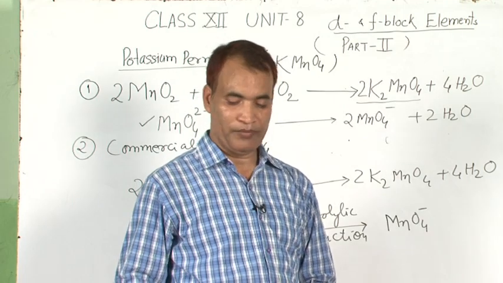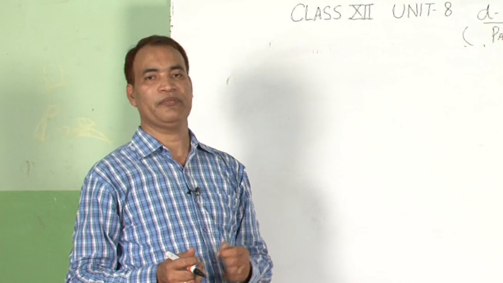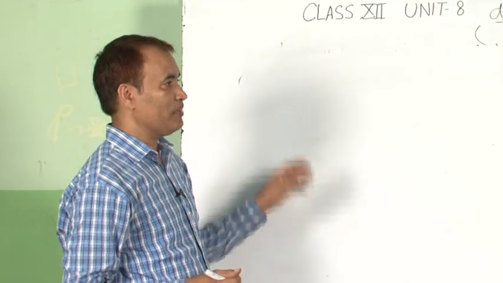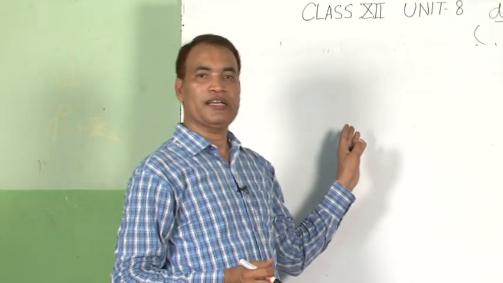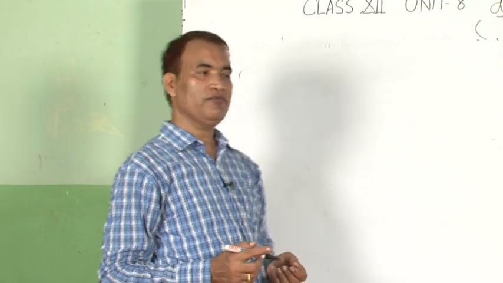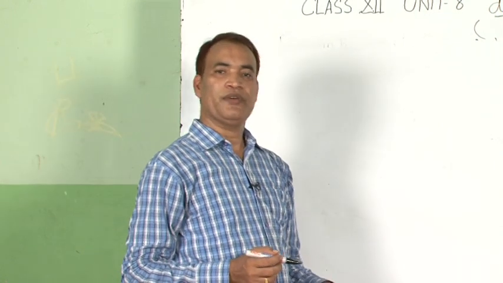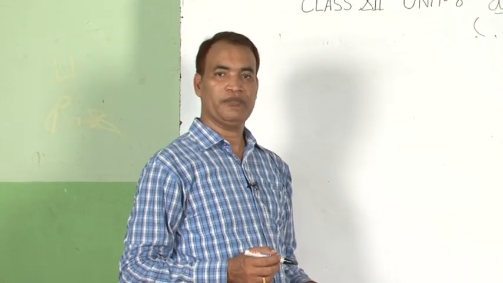Now its chemical properties. Potassium permanganate is a strong oxidizing agent in acidic, neutral and basic medium. First, I am discussing the oxidizing property of potassium permanganate in acidic medium.